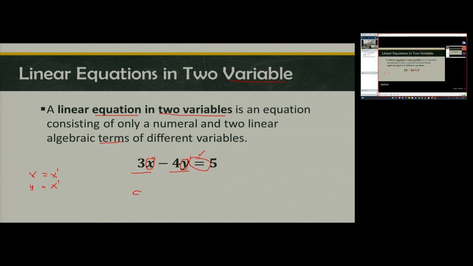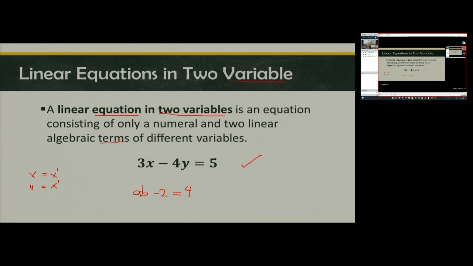So if I give you this one, ab minus 2 equals 4, is this a linear equation in two variables? Yes or no? This one is not a linear equation, okay? Again, it is a linear equation when there is an equal sign, there are two variables in which each term has one variable, and the power of the variable is power 1.